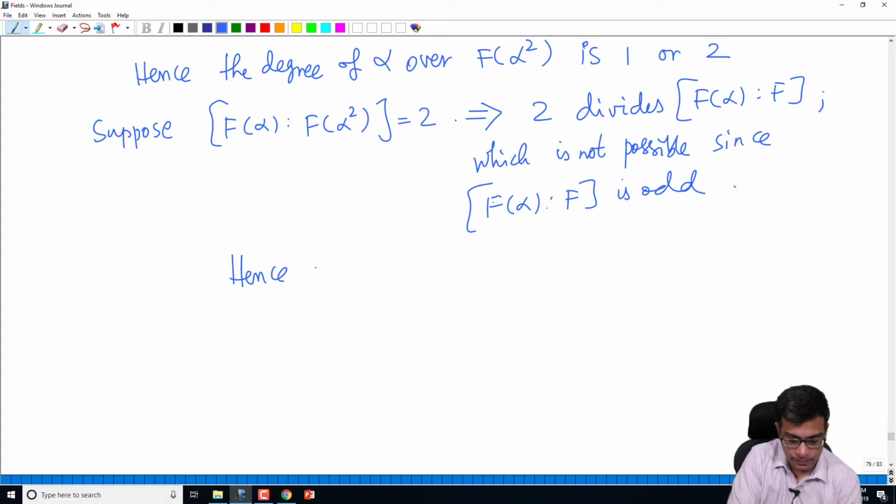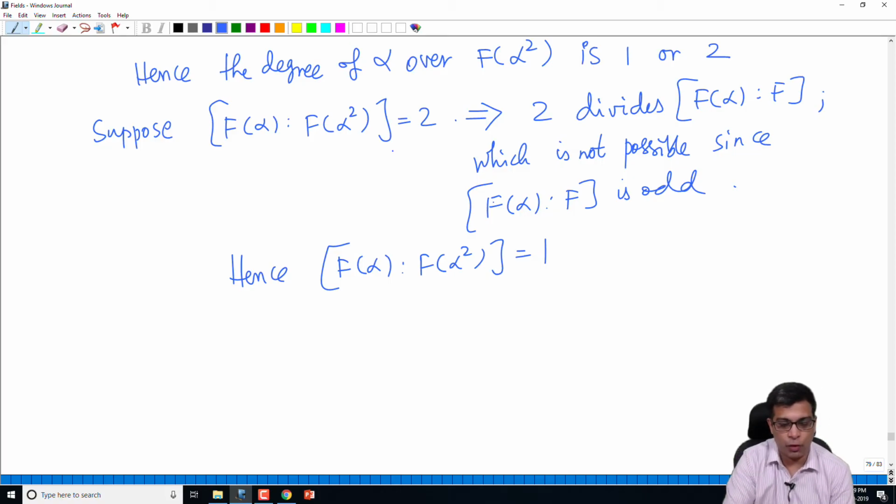Hence, [F(alpha):F(alpha squared)] is 1. It is either 1 or 2. It cannot be 2, so it has to be 1. That means F(alpha) is equal to F(alpha squared).